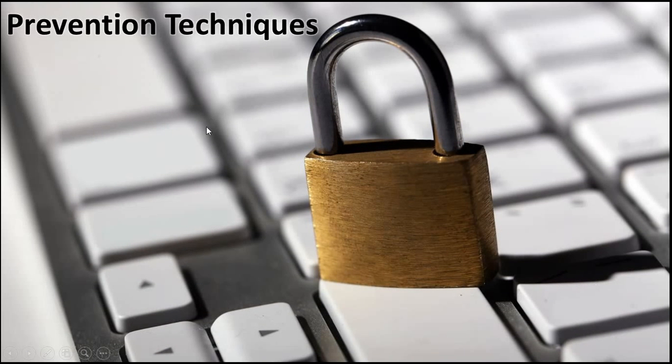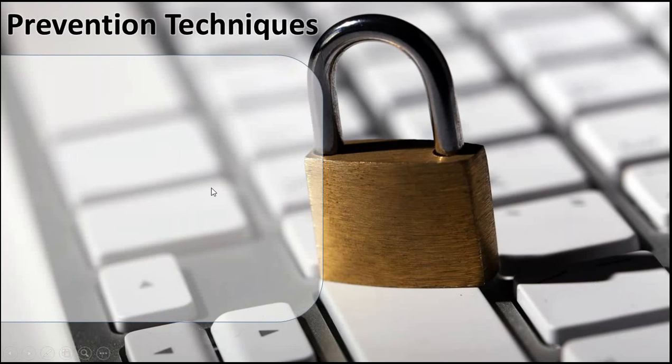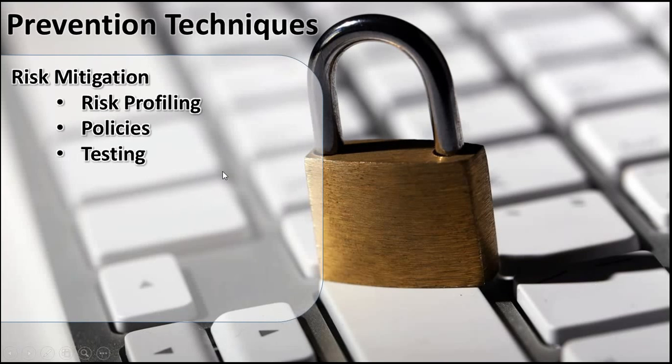So, prevention techniques. What can I do to stop myself from being infected? Some of these things are very, very basic. The first thing that you've got to look at is risk mitigation. Before you start talking about any technologies, any endpoint protection, you must understand what the risk is that you carry with the information that you have within your organization.